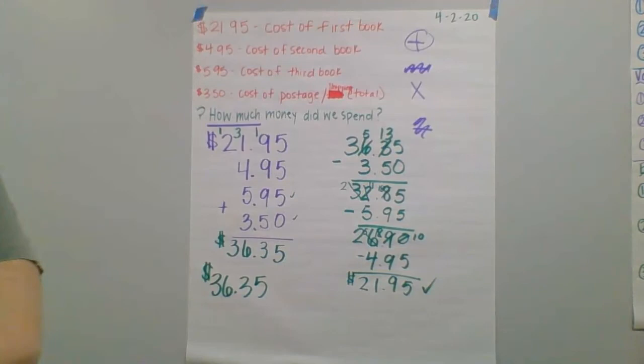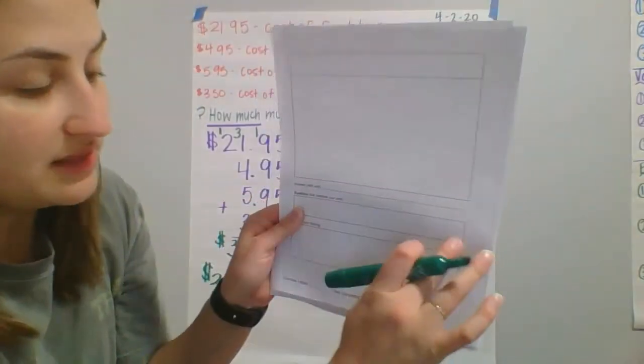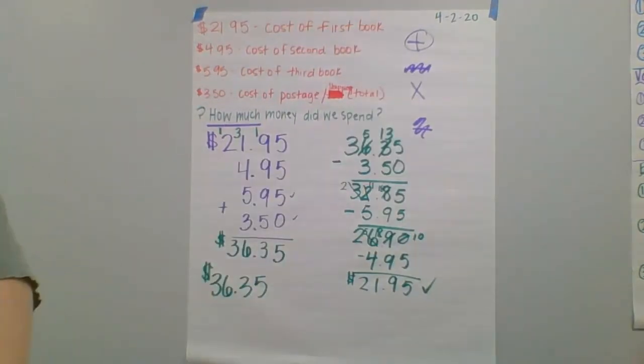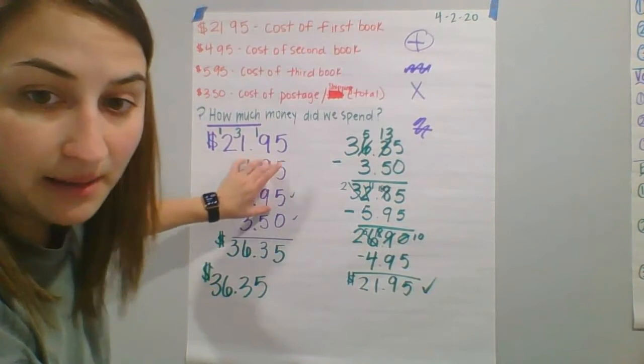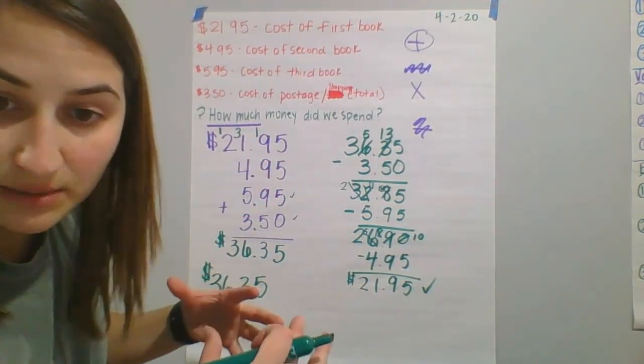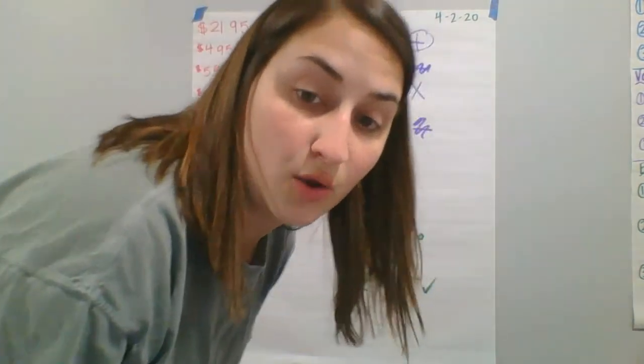And then below that is our equation that matches our work, our number sentence, which could be any combination of adding these numbers together to get that quantity.